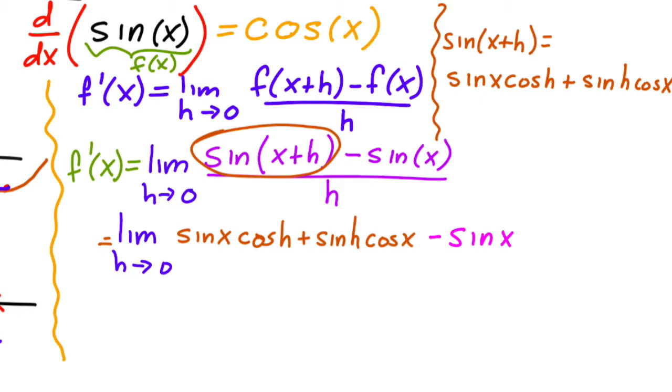Okay. And so then, you look at this and you go, well, you can't factor anything. And actually, I forgot something. I need to put all of this over h.